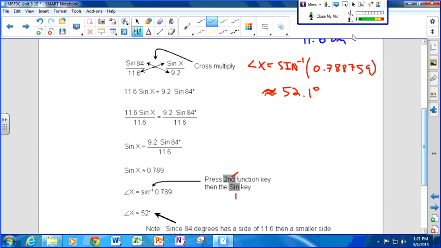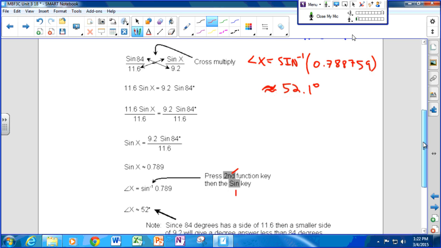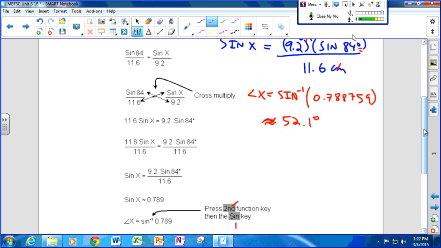Very often it's called 2nd on your calculator, but sometimes they call it FN for function. Different calculators have different ways of accessing the inverse sine function. And your iPhone has that function too. You just have to turn it into a scientific calculator by turning it sideways. Okay, so there you go. So your angle x is about 52.1 degrees or 52 degrees.